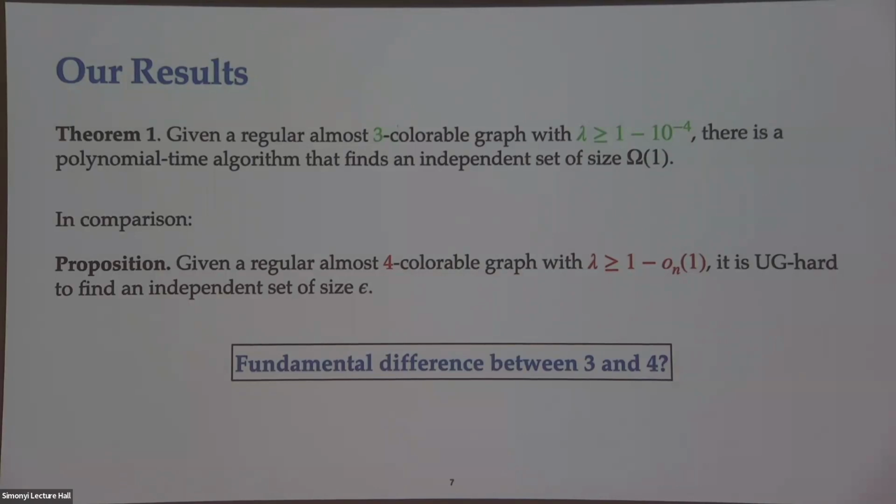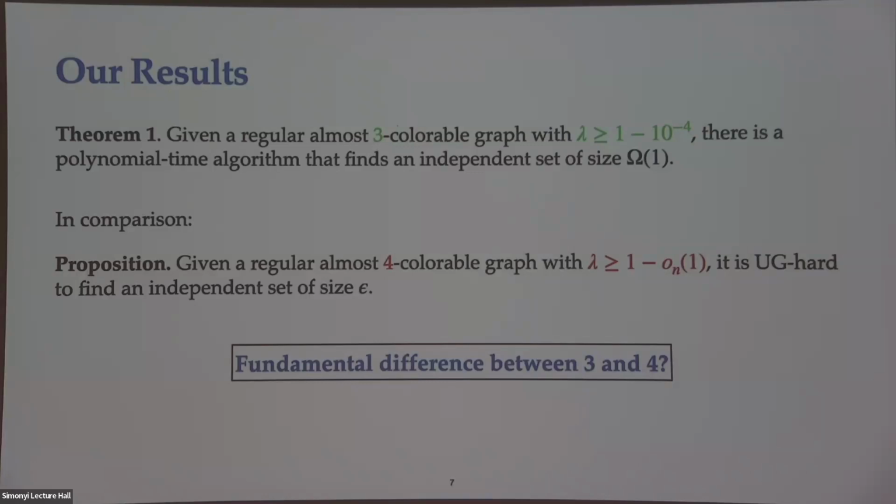Although the rounding might give you many sets, it's not clear what you find in this theorem, but maybe you can find not just one, but many independent sets, and not recurse in the trivial way, but rather cover, maybe, most of the graph. I see. Yeah, that's an interesting question.